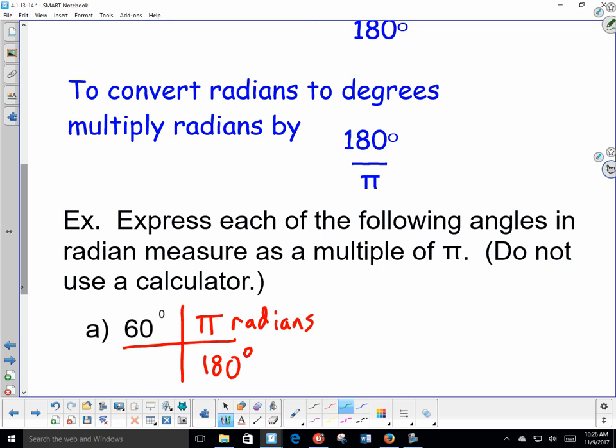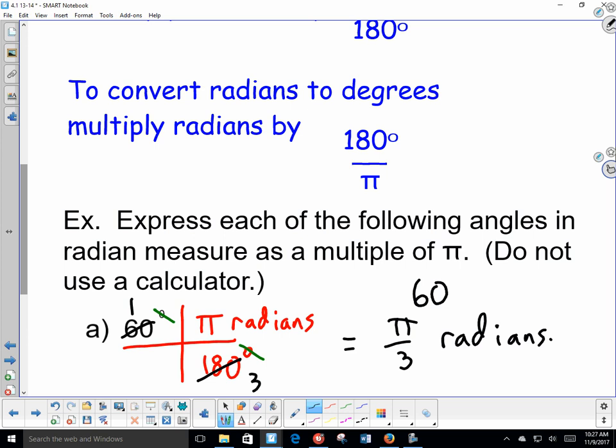I would write it this way so that my degrees divide out, and I'm left with just radians. 60 goes into 60 once and into 180 3 times. So I'm left with pi over 3 radians. So 60 degrees is the same thing as pi over 3 radians. Are we okay with this? Yes. All right.